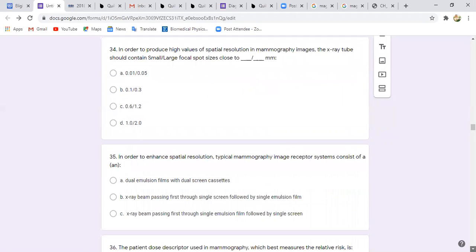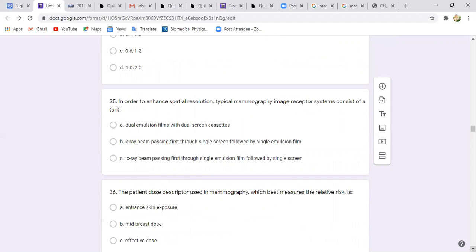In order to enhance spatial resolution, a typical mammography image receptor consists of what? What does it contain? X-ray beam passing through the single.